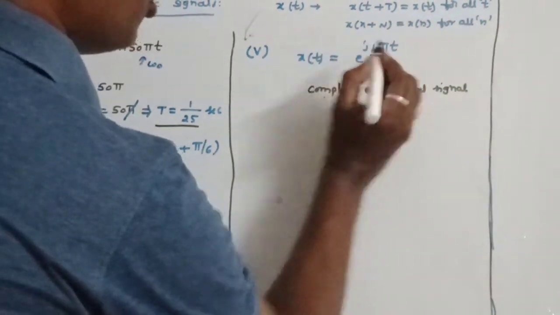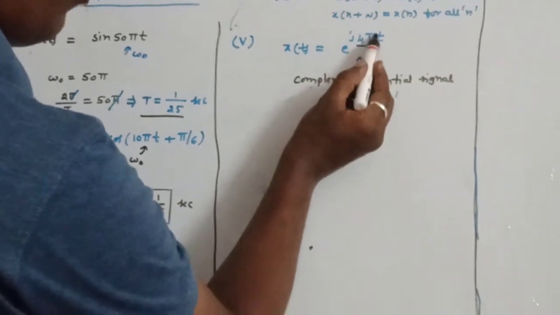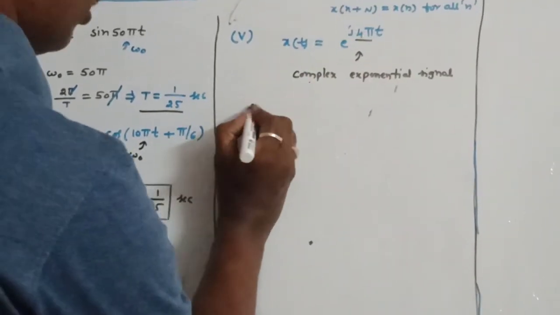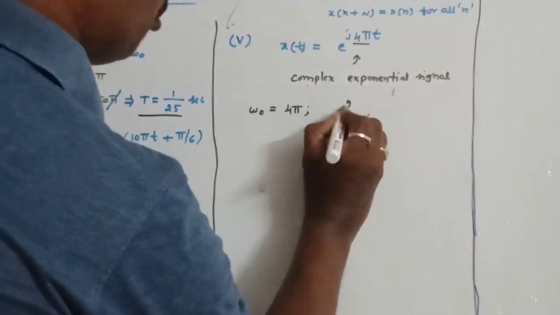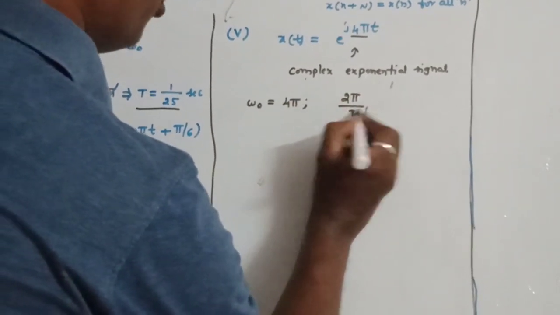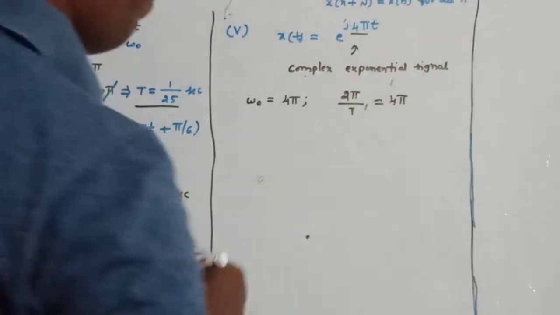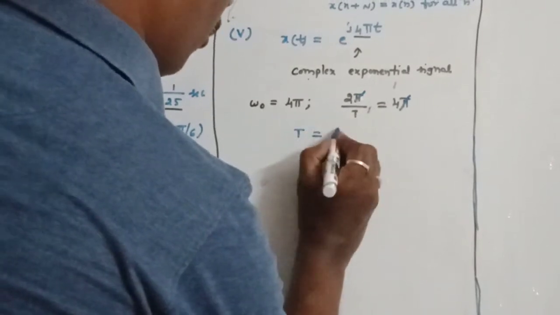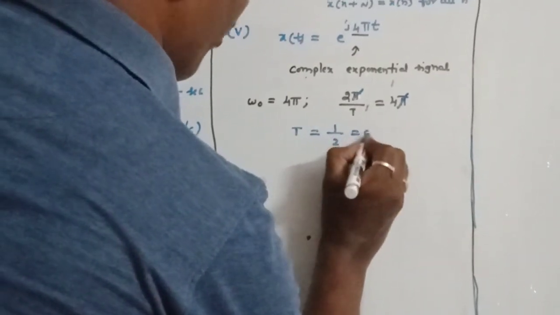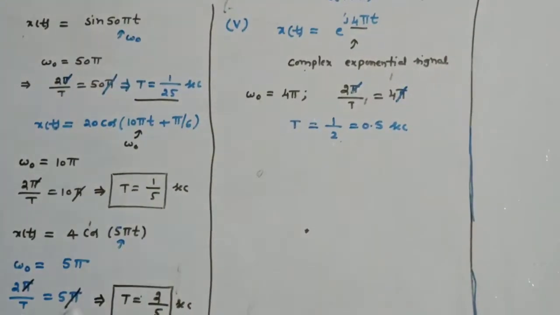It is a sinusoidal signal of frequency 4 pi, so omega 0 is equal to 4 pi. From which 2 pi by capital T is equal to 4 pi. So cancel out pi and pi. T is equal to 1 by 2 or 0.5 seconds. So this is the answer for this problem.